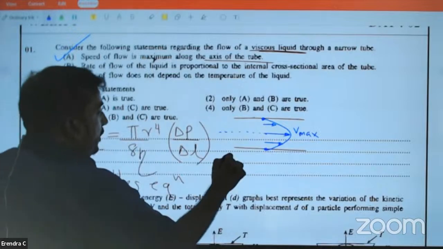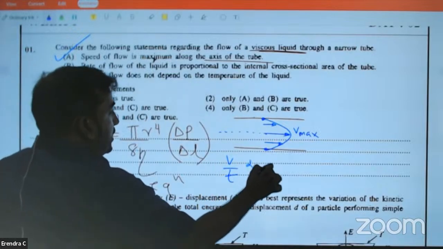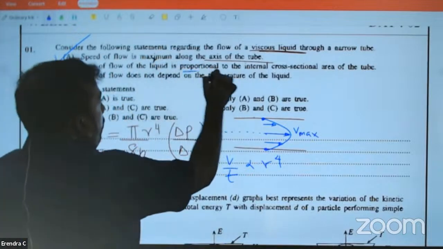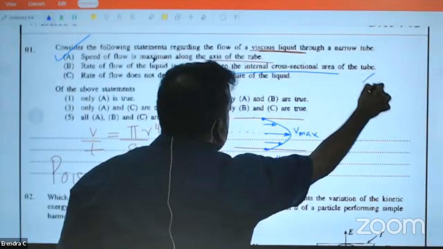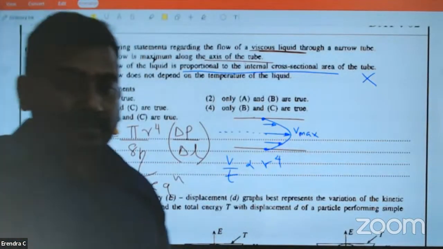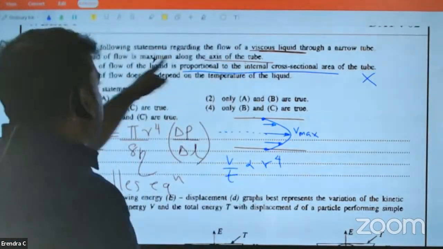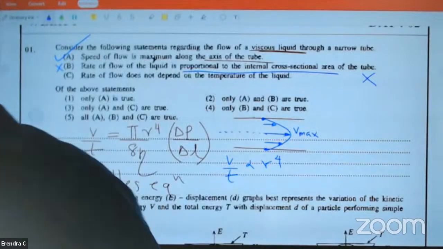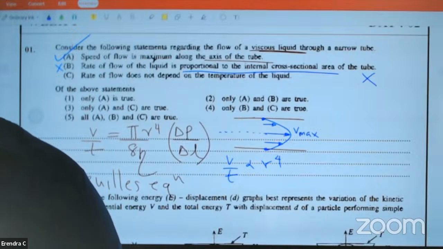So volume flow rate is directly proportional to the 4th power of the radius. So saying it is proportional to internal cross section is a wrong statement. You can't take B. In the relationship, pi is coming due to the proportionality constant.